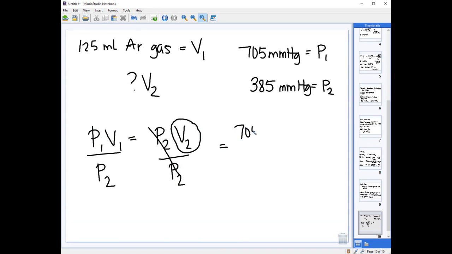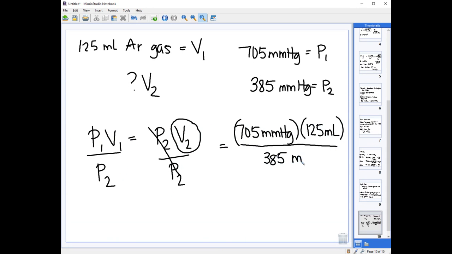My initial pressure, 705 millimeters of mercury, my initial volume, 125 milliliters, divided by my final pressure of 385 millimeters of mercury. Units of millimeters of mercury cancel out. I'm left with milliliters, which is correct because that is a volume.